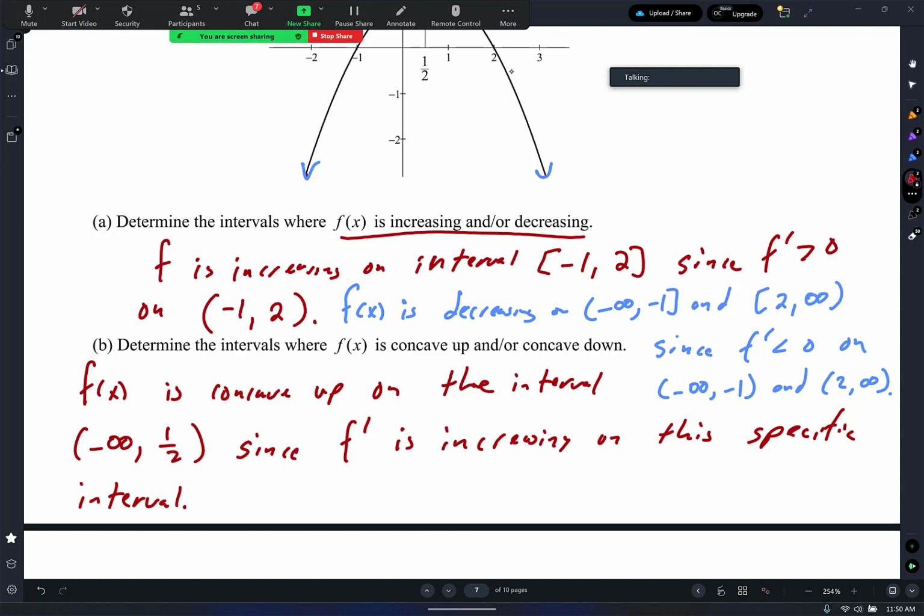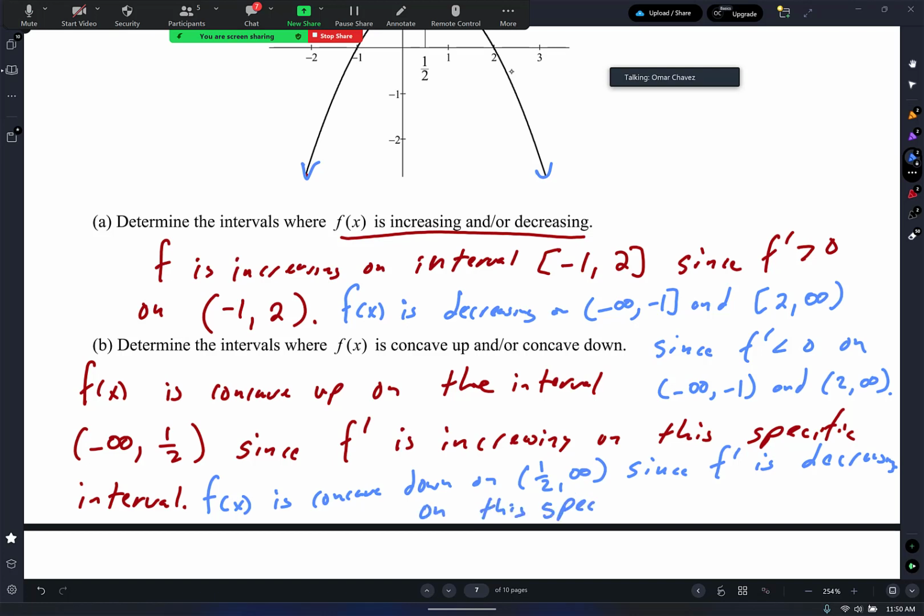And where am I concave down? 1/2 to infinity. Perfect. F of x is concave down on 1/2 to infinity since f prime is decreasing on this specific interval.